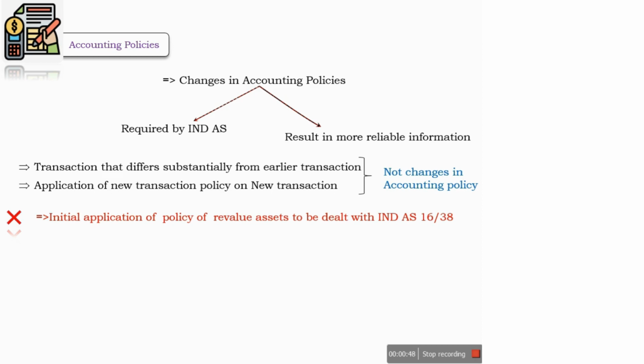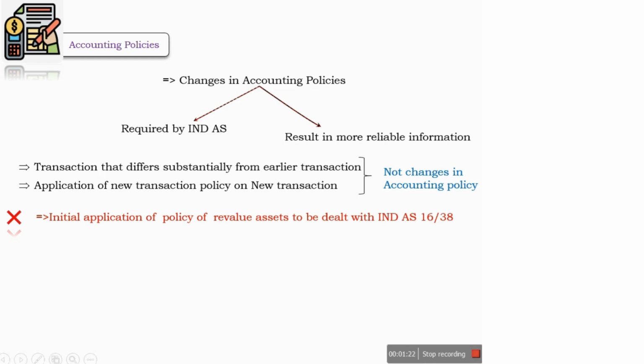Apart from it, the initial application of a policy of revaluing assets is to be dealt with under Ind AS 16, Property, Plant and Equipment, and Ind AS 38. However, where a change in accounting policy from the revaluation model to the cost model is considered permissible because it results in more reliable information on financial position, financial performance and cash flow, it will be dealt with by Ind AS 8 and will be applied retrospectively.